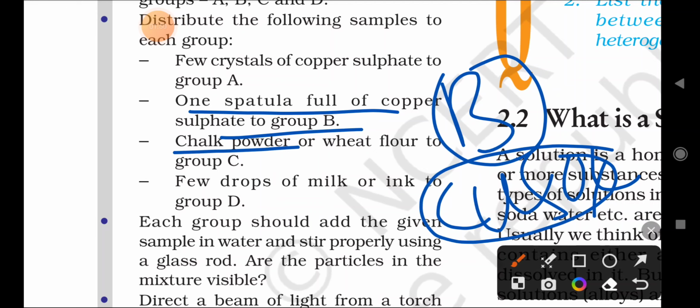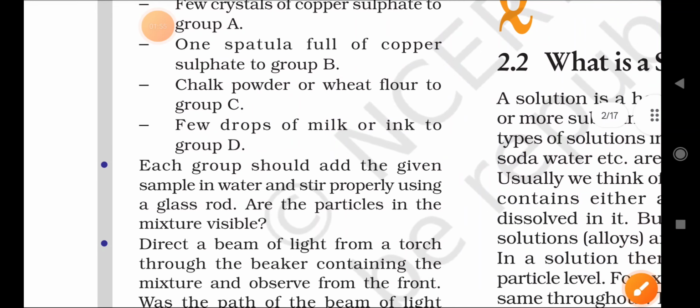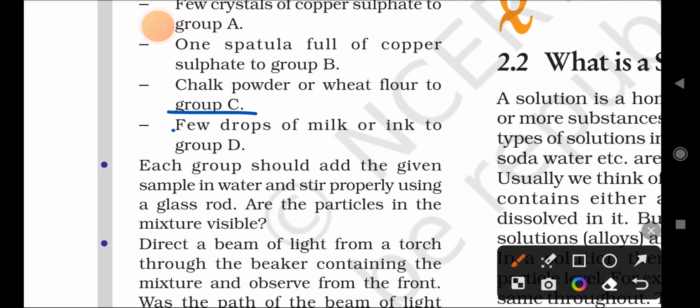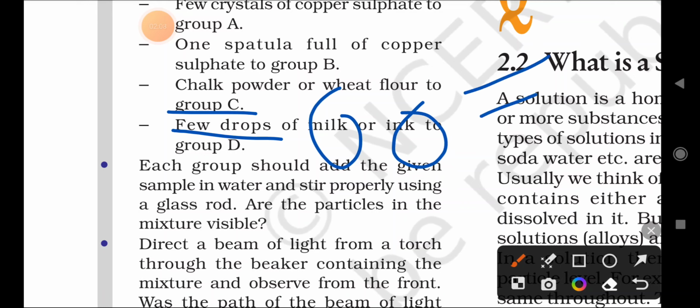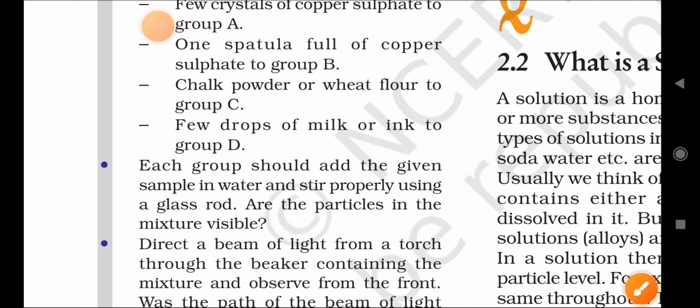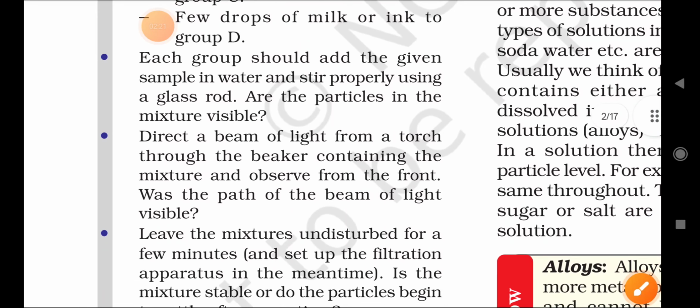Third, chalk powder or wheat flour to group C. Fourth group will have milk or ink. So the four groups have different substances.